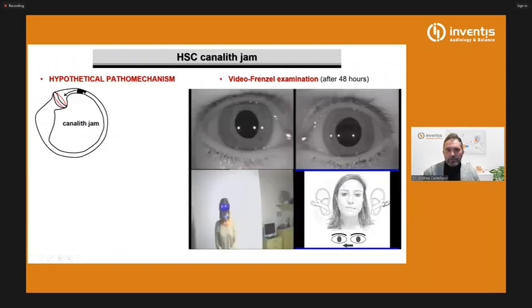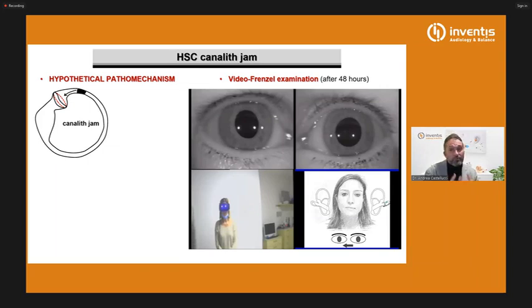And so the hypothetical mechanism was a continuous positive pressure on the cupula caused by a canal gem that was probably in the ampullary arm of the horizontal canal. Why ampullary arm? Because, as we saw before, it followed the modulation of that spontaneous nystagmus that is typical of BPPV of the ampullary arm of the canal.